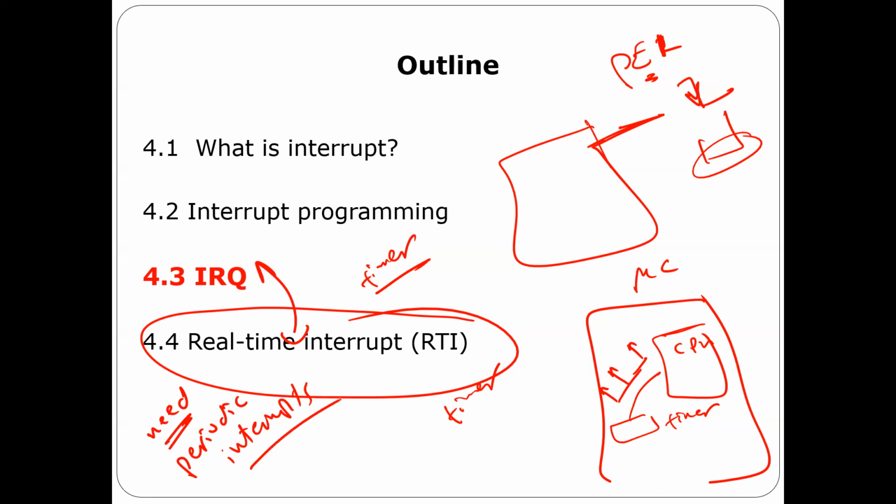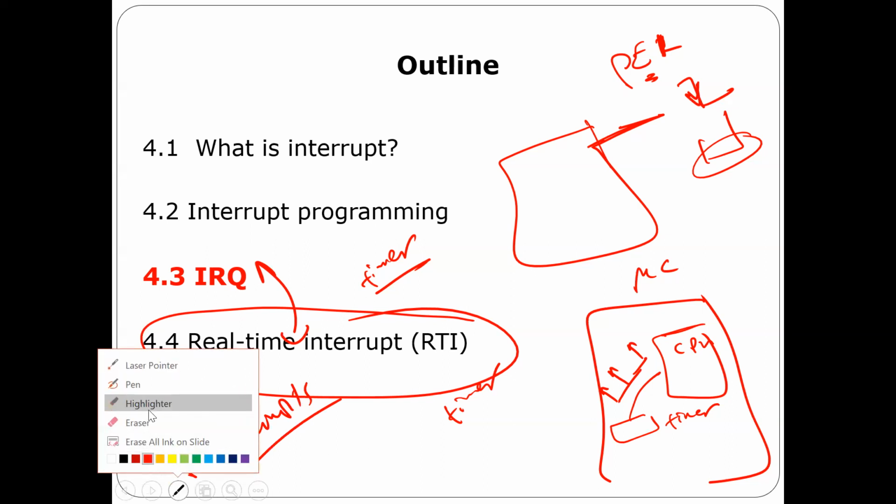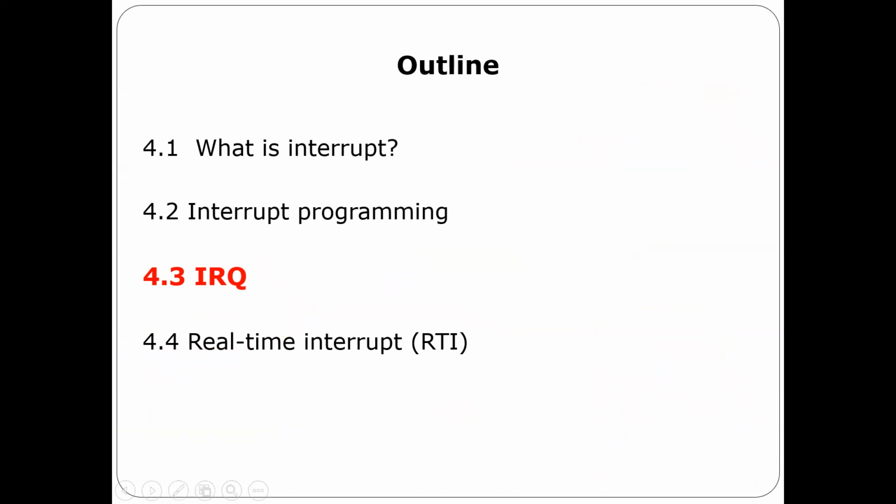Give me an application: how might I need periodic interrupts? We already did something like that. For example, as I'm going to elaborate today, if I want to do a flashing LED and turn it on and off every 1 second, I already explained in chapter 3 how we can do it.